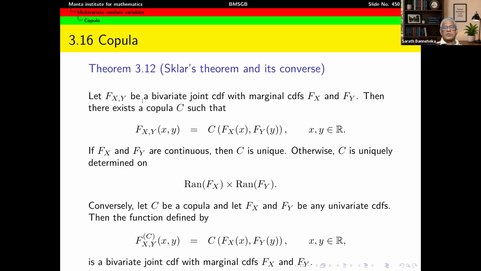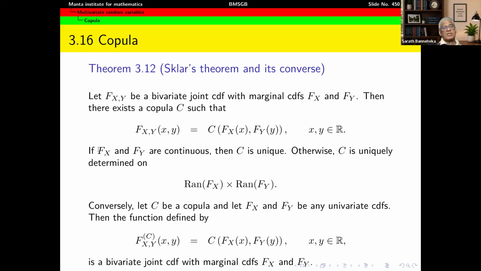Right. So the main idea is that the joint CDF can be written as a function of individual marginal CDFs. So Sklar's theorem says that there exists a function C, so that we can write down the joint CDF in this way.